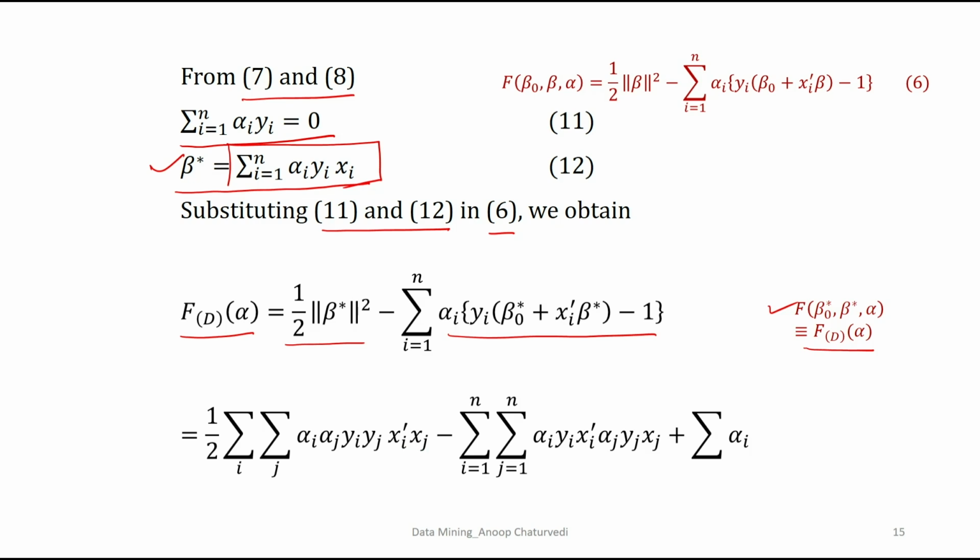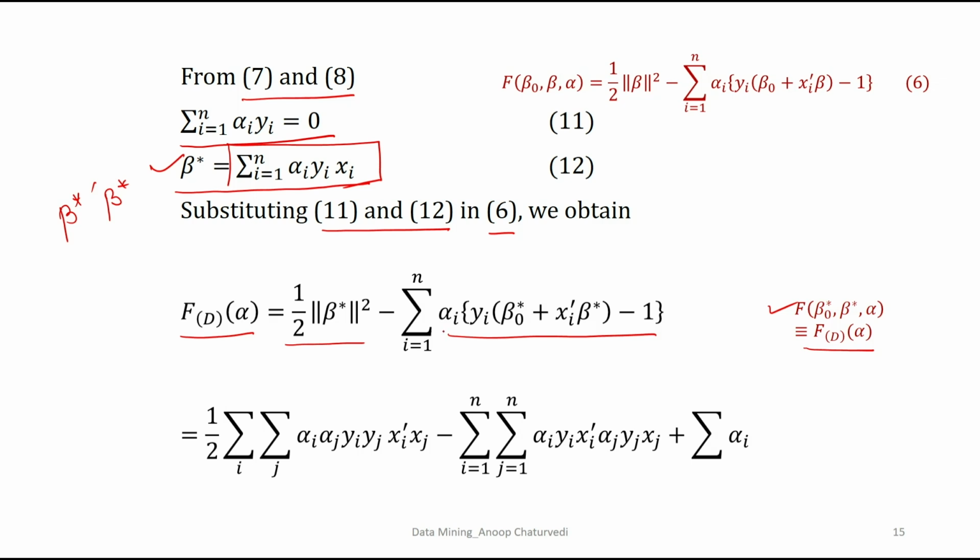Basically, from here you have to obtain beta star transpose beta star, and then we already have half here, minus summation i equal to 1 to n, then corresponding to beta naught star, we have summation over i alpha i yi, which is equal to 0.